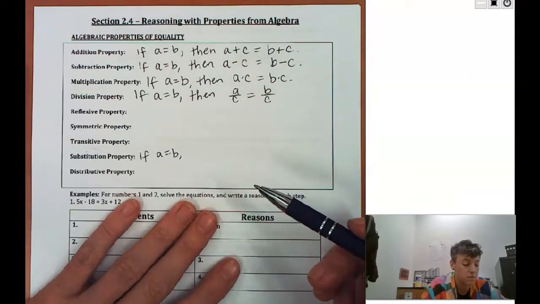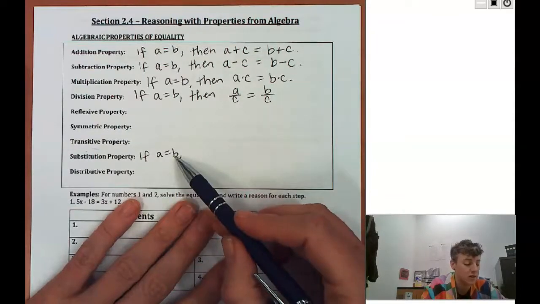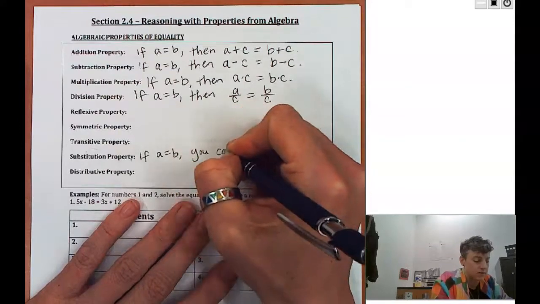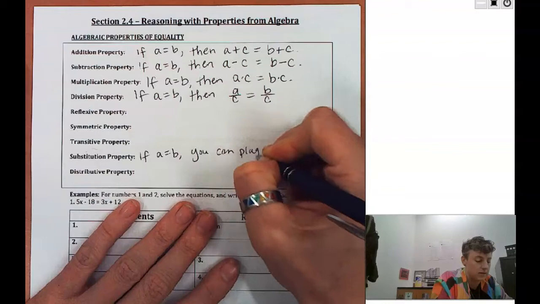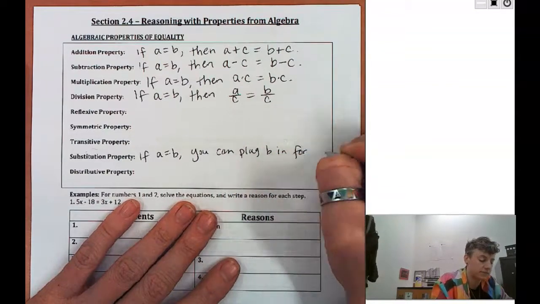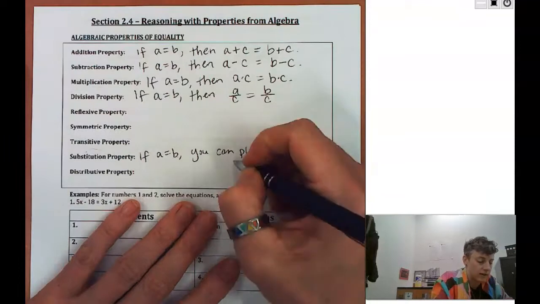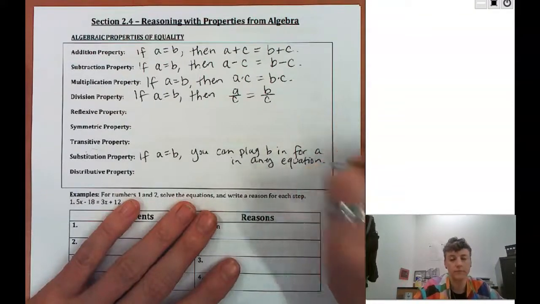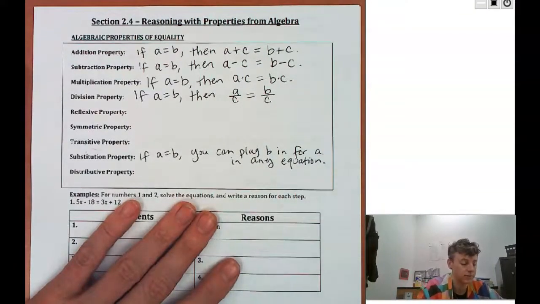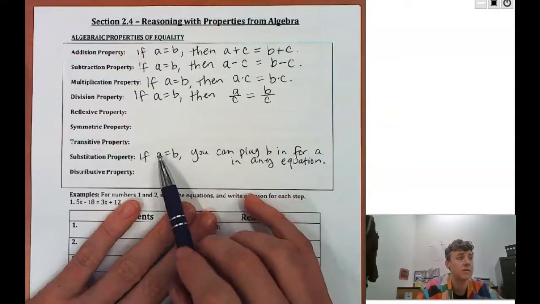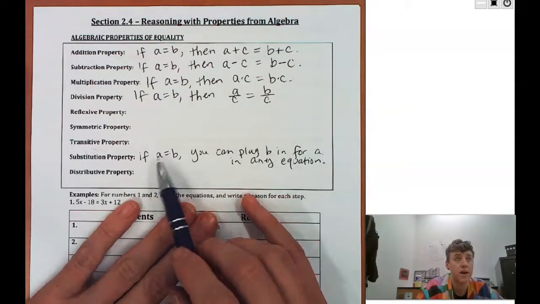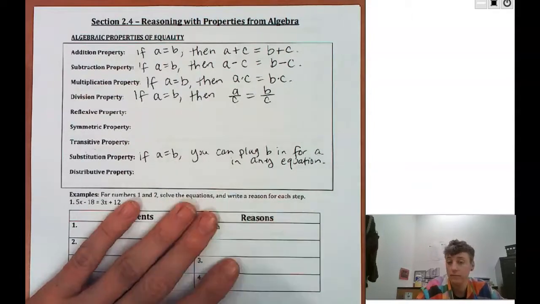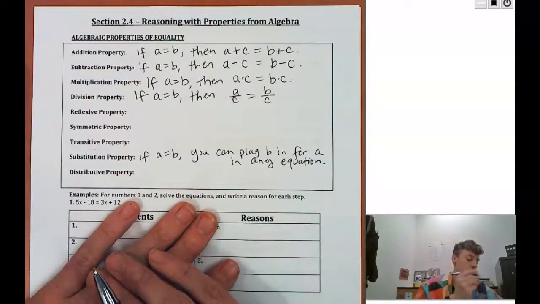So B can be substituted in for A. You can plug B in for A in any equation. So that means if I see 5A, I could actually say that's the same thing as 5B. If A and B are equal to each other, you can plug B in anywhere you want. You see A. Cool.